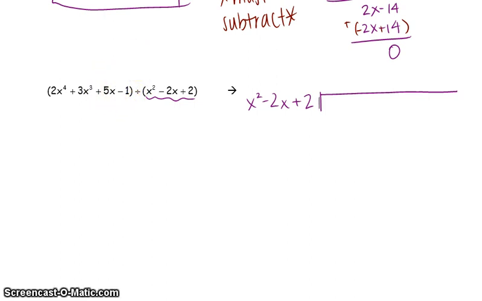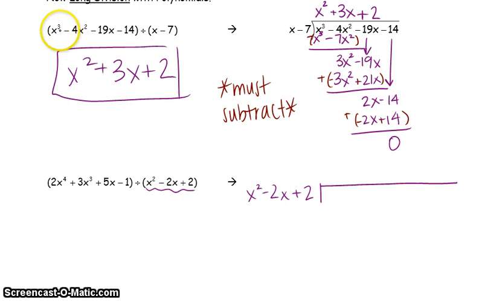One thing we need to note, though, before we had a cubed, a squared, x to the first, and x to the 0 power. Here we have a fourth, a third. Oh, where's our squared? We're missing our x squared. So since we're missing it, we need to insert a 0x squared into our equation.